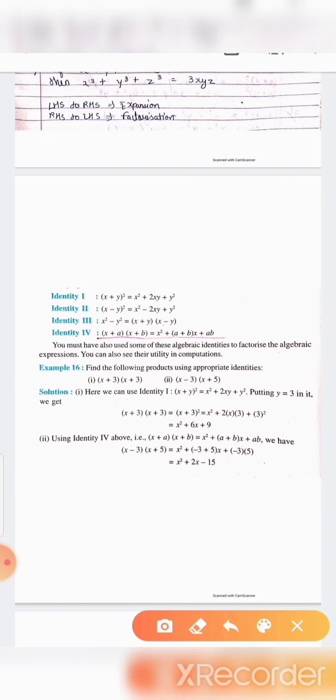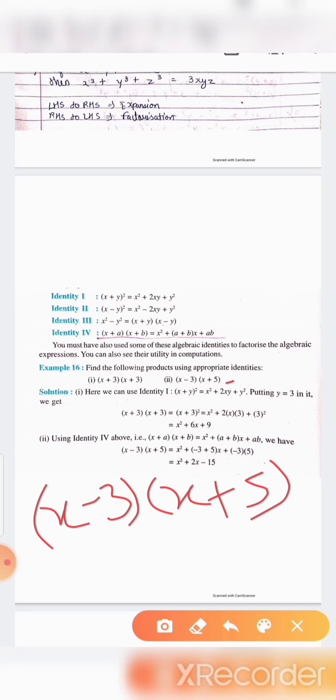In example 16, the second question is, multiply (x minus 3) by another bracket (x plus 5). It means here we have to use identity number 4, because the first variable is the same but the two numbers are different.